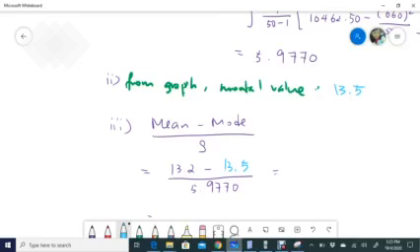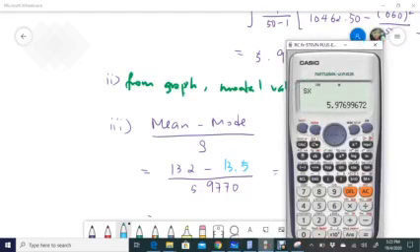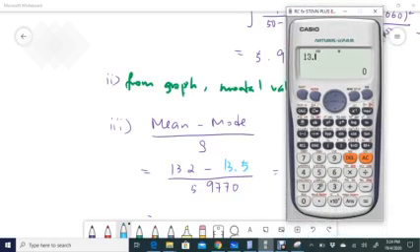Okay, so just get your calculator. 13.2 minus 13.5, divided by 5.9770.